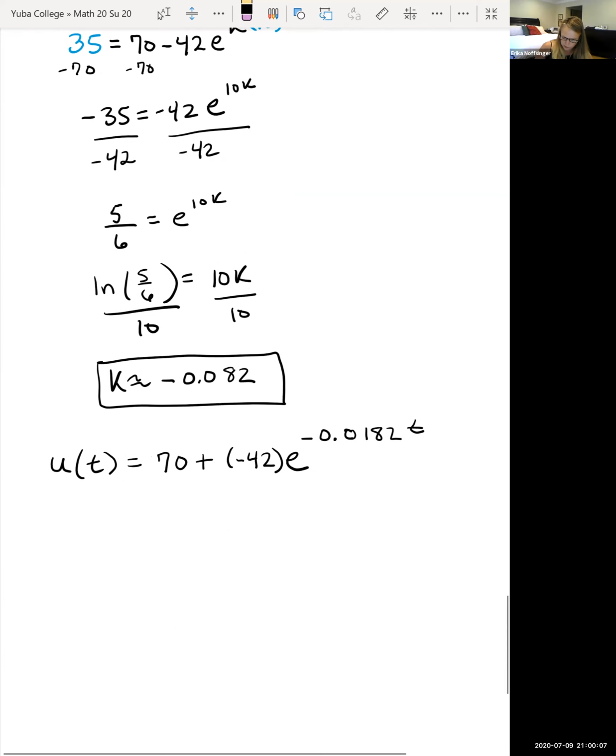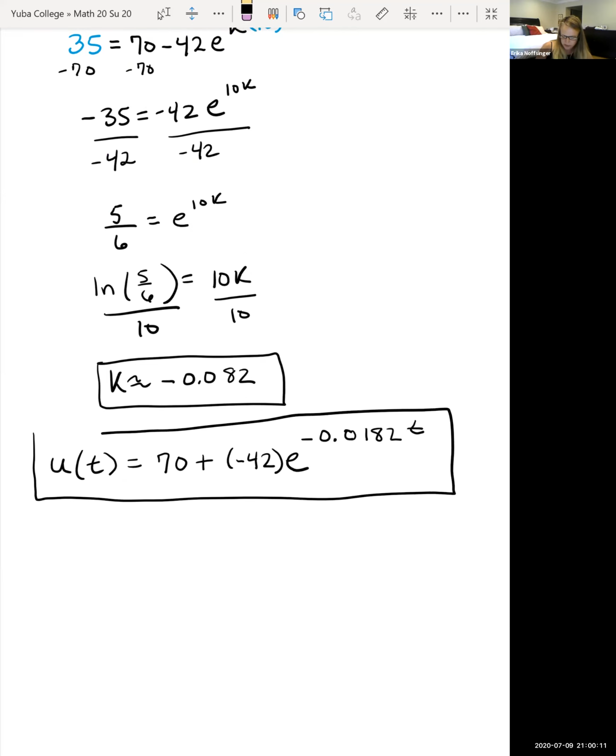Okay, so this is what we believe our formula is to answer any questions. And so part A, or it wasn't really a part A, they wanted to know what is the temperature of the stein after 30 minutes? Is it 0.082 or 0.182?